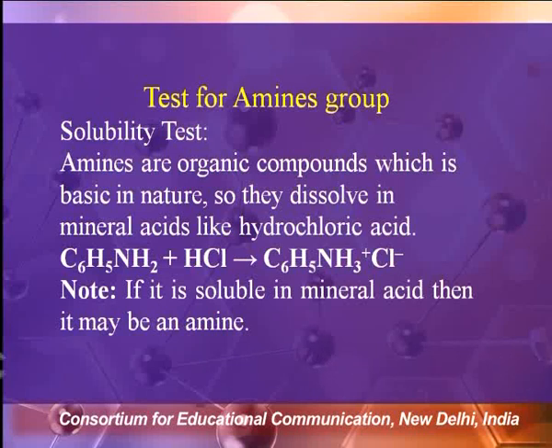Amines can be primary, secondary, or tertiary. If one hydrogen of ammonia is replaced, it will be your primary amine. If two hydrogens of ammonia get replaced by alkyl or aryl groups, it will be your secondary amine. If three hydrogens get replaced by alkyl or aryl groups, it will be your tertiary amine.